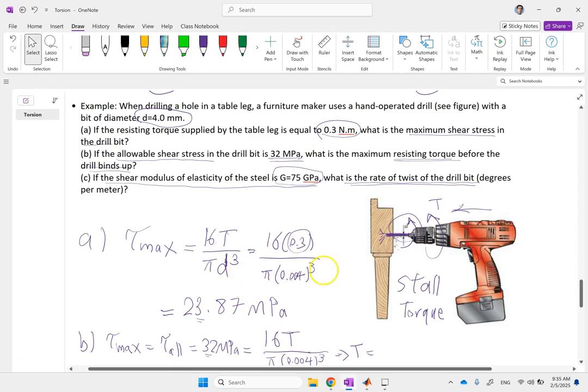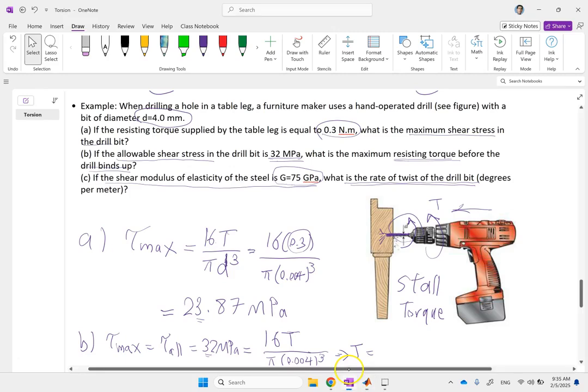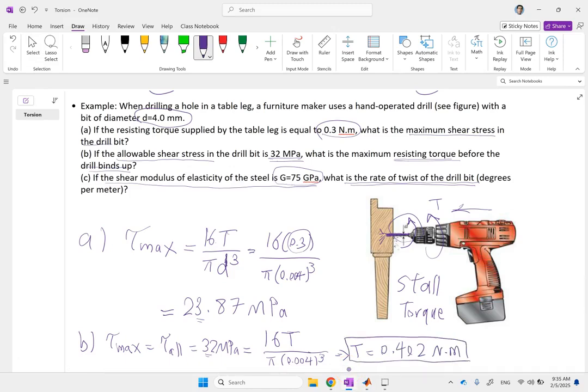So 32 divided by this 2387, and then this is multiplied by 0.3, and you see 0.402 Newton meter. This could be the stall torque. Anything more than that, if the material resists more than that, you are going to start breaking and deforming the drill bit.